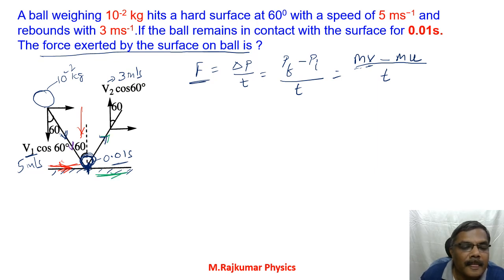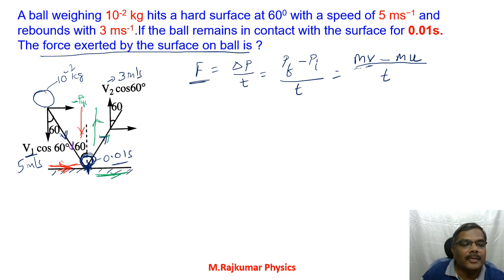Along this x-axis, and the y-axis will be upwards. These two vectors, while hitting and rebounding, will be in opposite directions. So this one is the initial vector. The initial vector coming down, so I take it as minus p y i, the initial momentum.